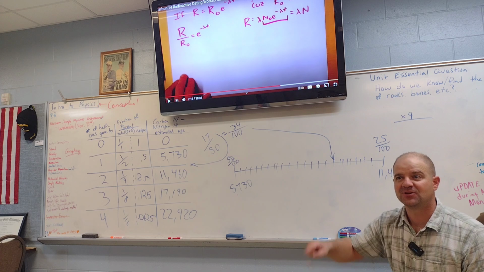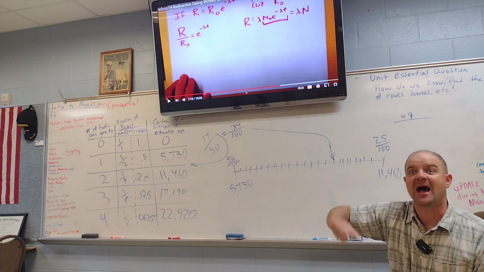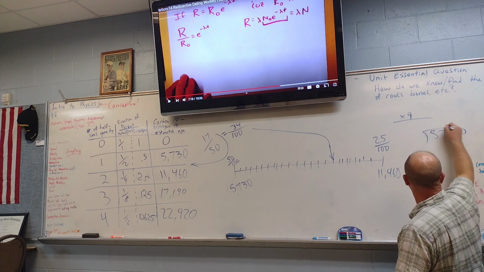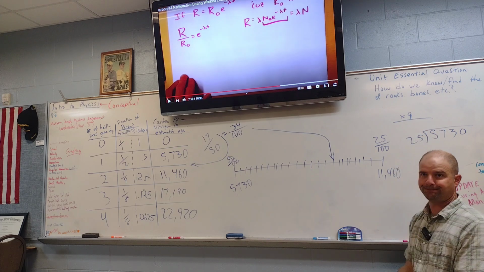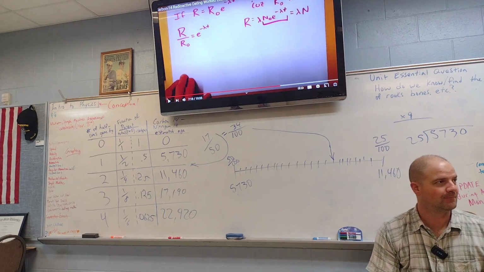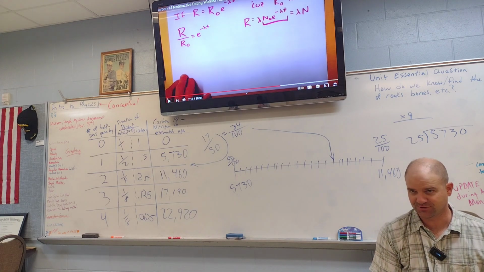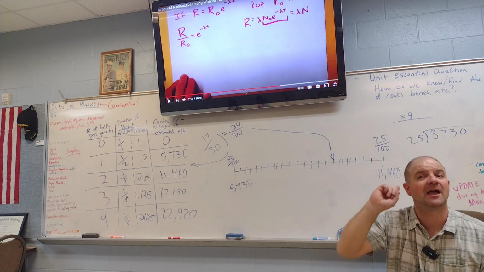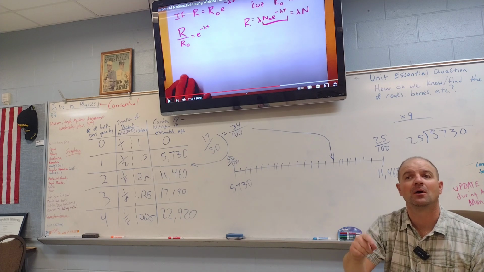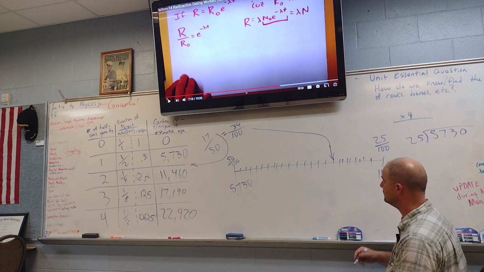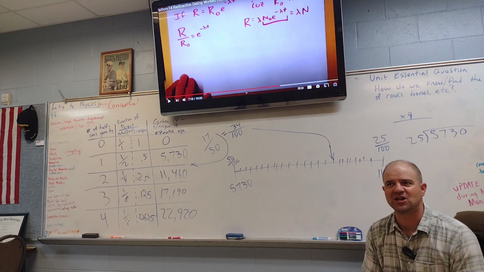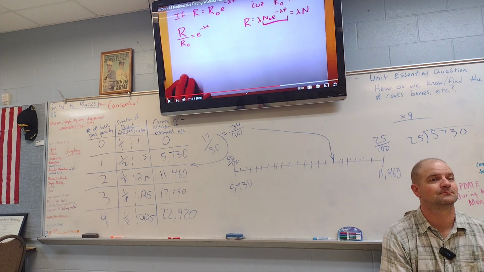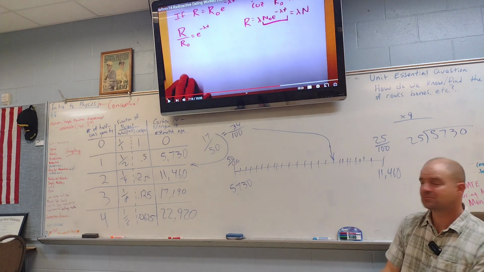We divided 5,730 by 25, didn't we? 5,730 years, which is 1 half-life for carbon-14, divided by 25. Give me a second. 229.2? Yeah, that's what I got.